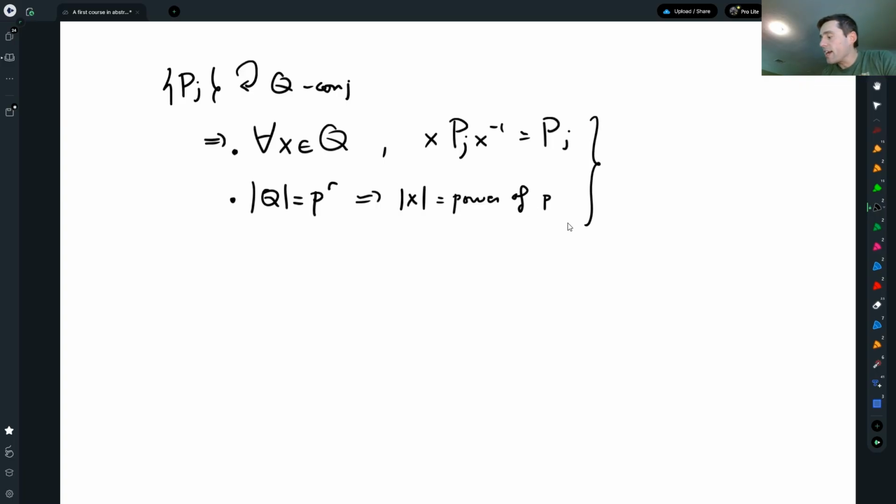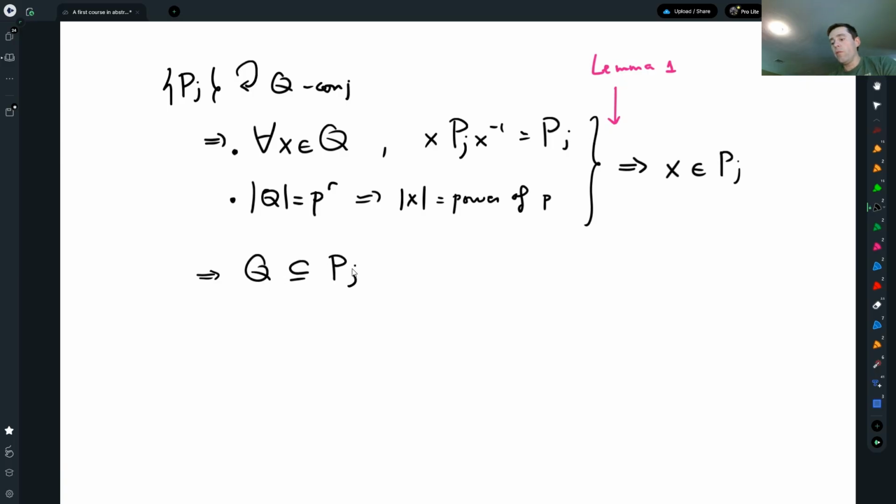But these two things are exactly what Lemma 1, which we proved in the previous video, tells us that under those circumstances, x itself has to be in Pj. The only x's that are of order a power of p that normalize Pj are already in Pj. So x is in Pj, but this is for all x in Q. So that means that every x in Q is in Pj. So that tells me that Q itself is in Pj, all of it.